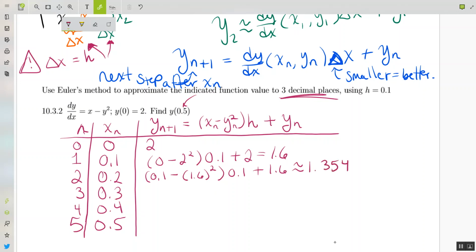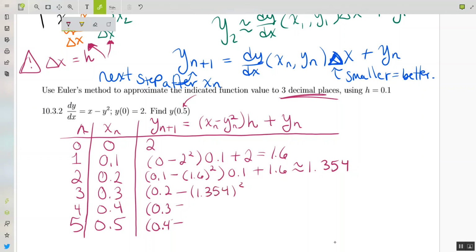Now, I don't have to do the approximate symbol for this one because I'm not rounding, but in the next one I will. So I'm just getting in the habit of doing it now. So now I'm going to use the previous step, x value of 0.2 and 1.354 in this next step. So 0.2, this is me being lazy, but 0.3 and 0.4 will be in the next one. So there we go. Minus, minus, minus.